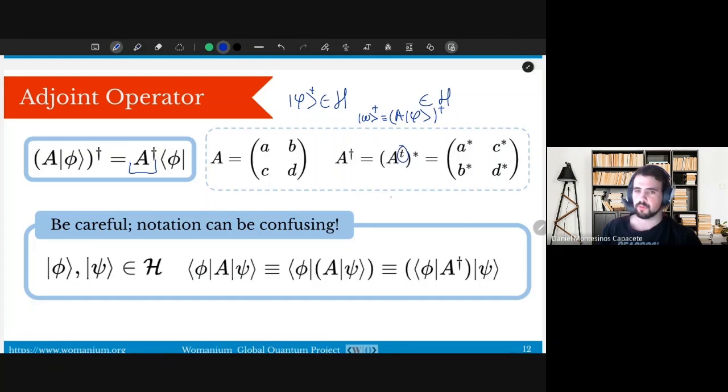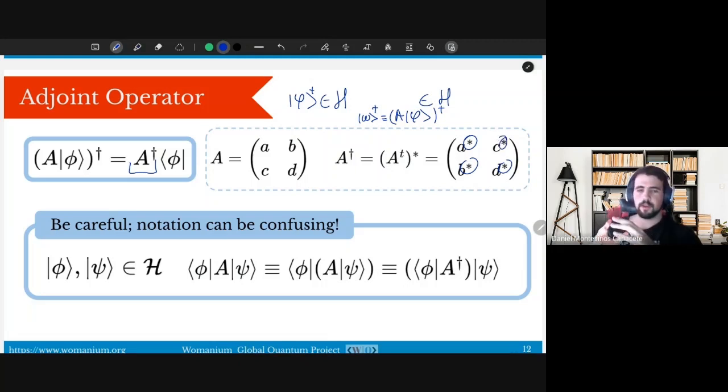This is the transpose that we have already talked about, and apart from that, you have to complex conjugate the whole matrix, right? So you have this matrix, you transpose, and if you transpose, you are just going to change C and B in this case because the bidimensional case is quite simple, and also complex conjugate everything.